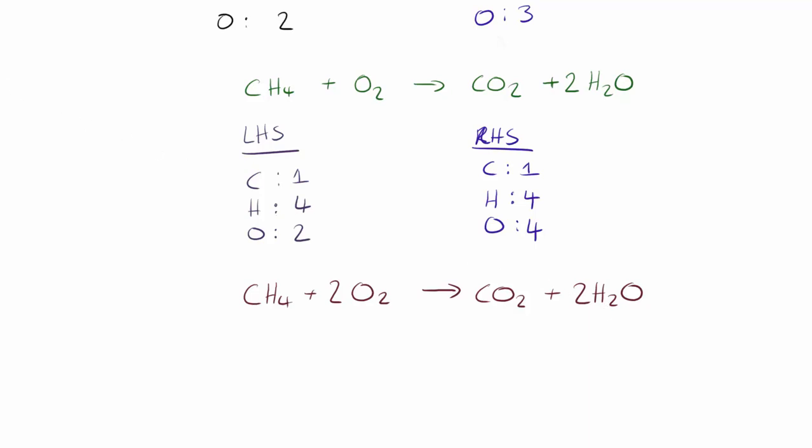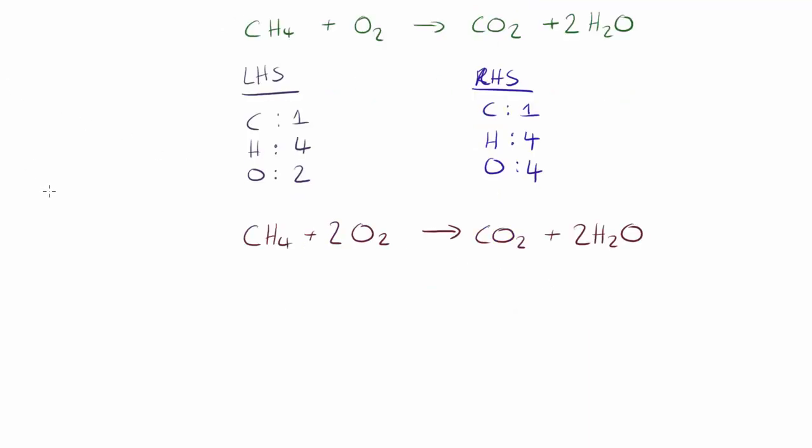And now I'm going to do an audit again. Okay, so left-hand side, C H O. As you saw, we didn't actually change anything as far as the CH4 in this cycle.